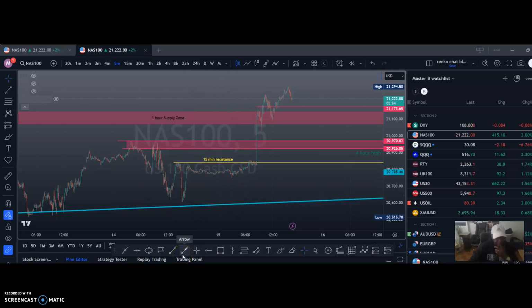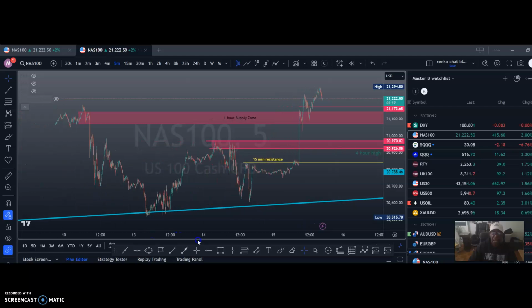So from the last video, this blue line represented an internal trend line from the daily chart. Going into today's trading session, the market could not break that trailing internal trend line, right?